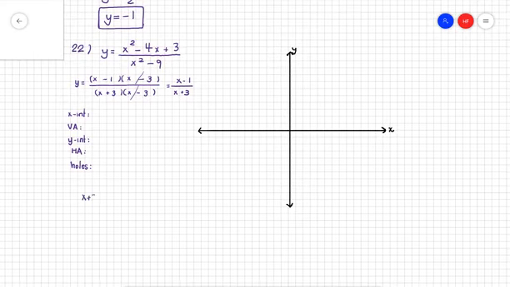So x plus 3 equals 0 means we have a vertical asymptote at x equals negative 3. Go ahead and sketch that there. Horizontal asymptote: my coefficients are both 1. We've got 1 over 1, which would be y equals 1.